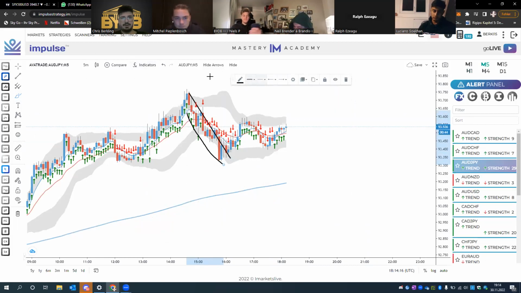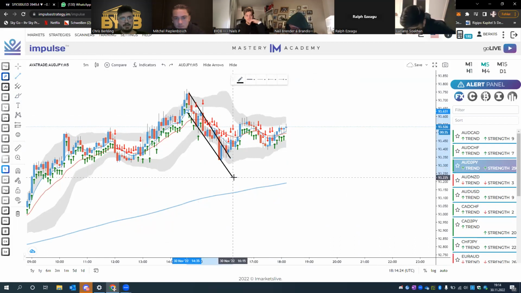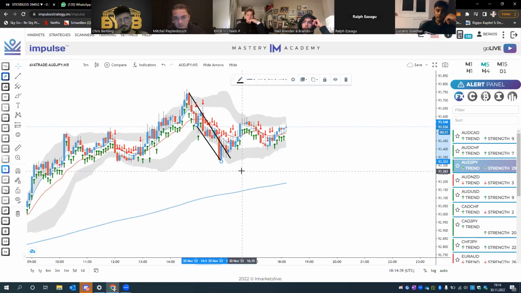Those patterns are also called flags, or triangle patterns, because if you would draw them over, they would hit at a certain point. You know what I mean? Let's actually do it the right way. They would hit somewhere almost down here, probably.